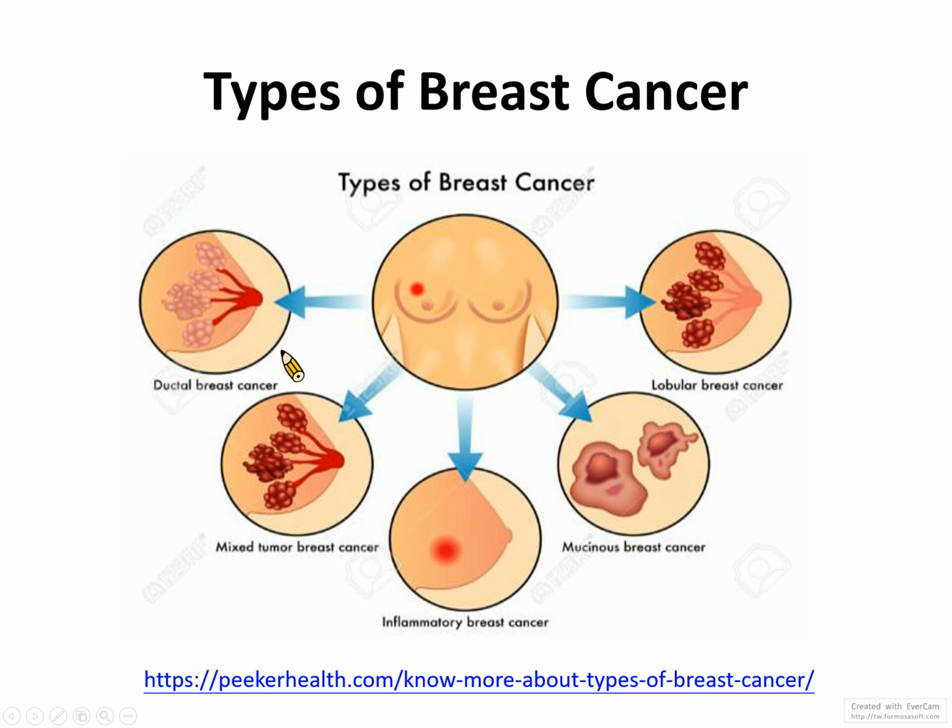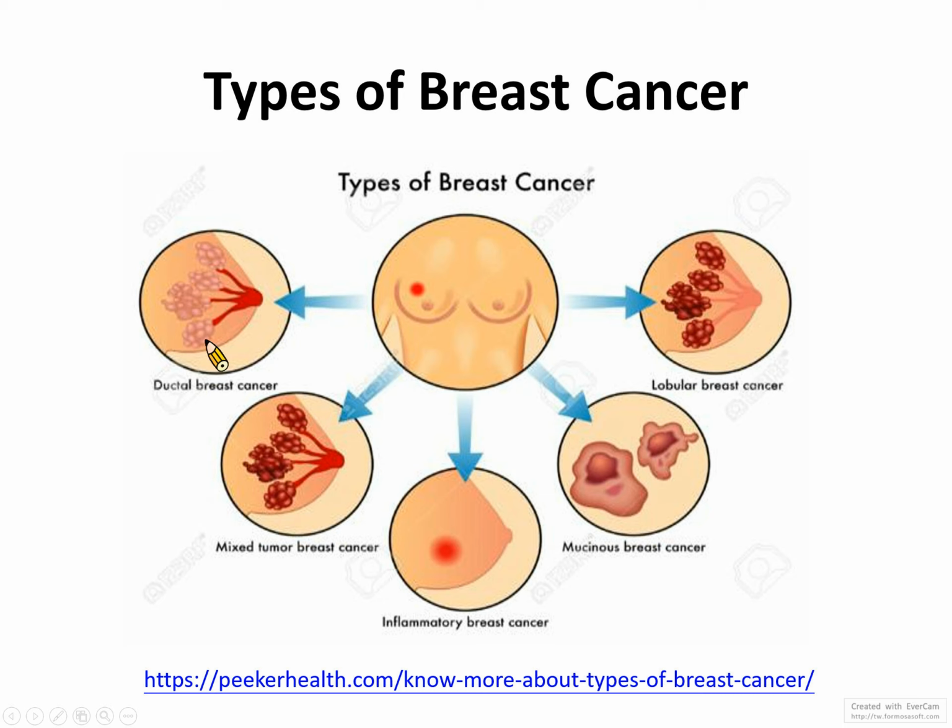Because in the breast tissue, there are the duct tissues that let the breast milk secrete from the breast glands, through the duct to the outside of the breast, for the infant to suck into the infant's mouth.